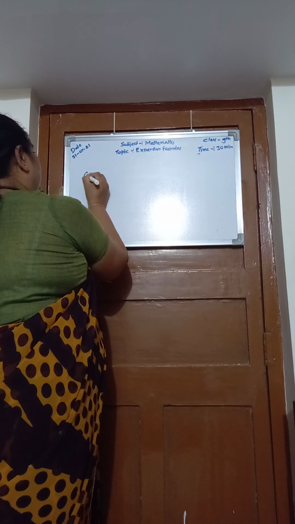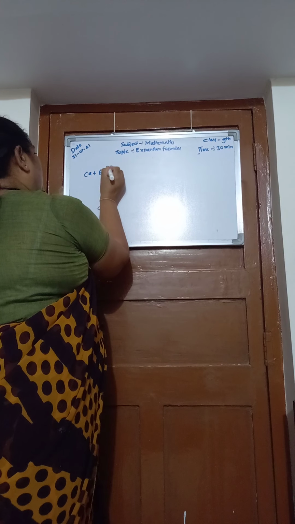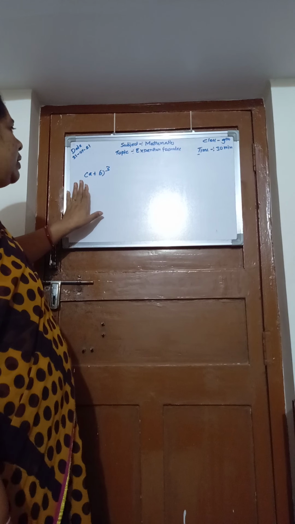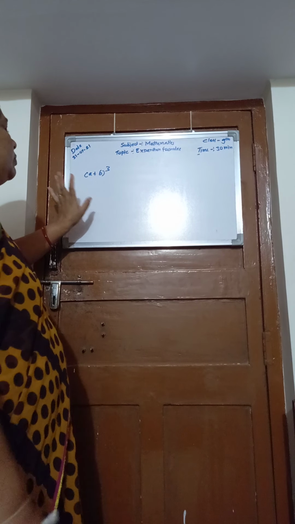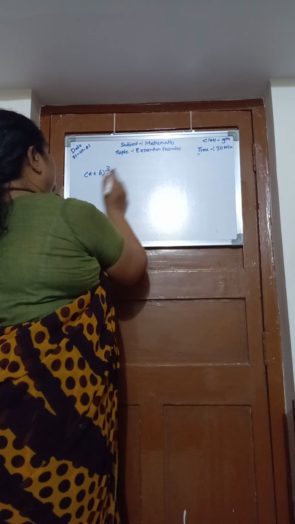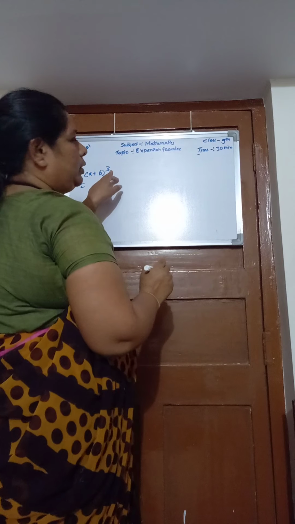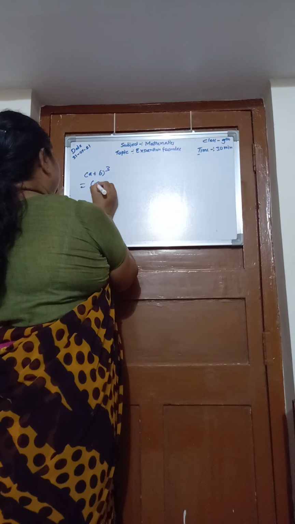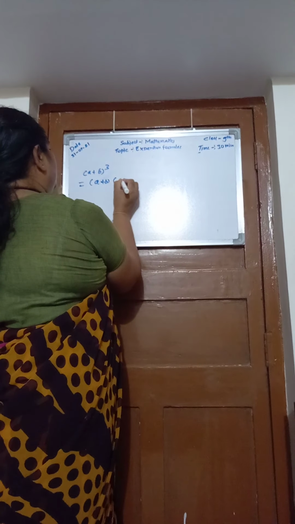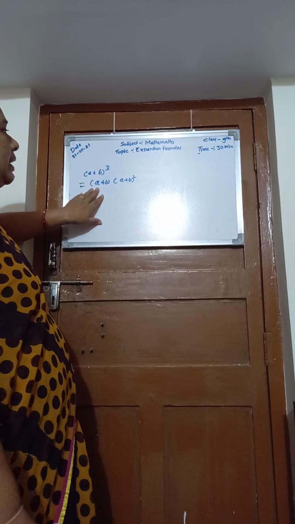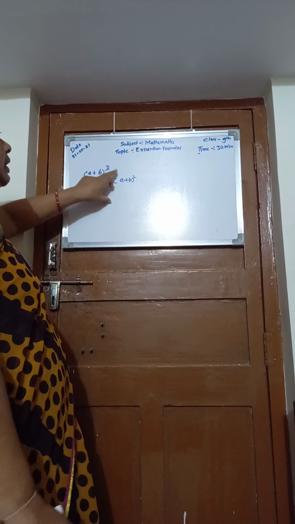Now we have to calculate (a plus b) whole cube. We have to prove this formula. Okay, what will be the answer? We have to take (a plus b) whole cube. Then we can write it as (a plus b) into (a plus b) whole square, since there is 3, we can write it as 1 plus 2.